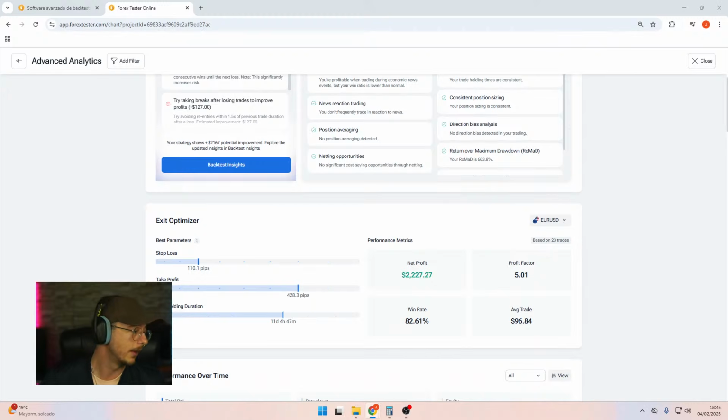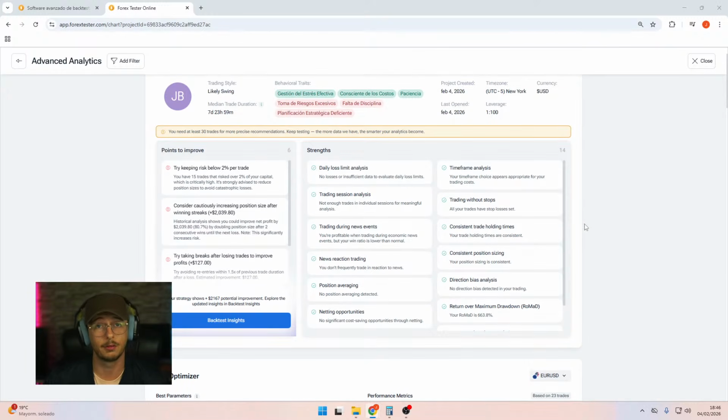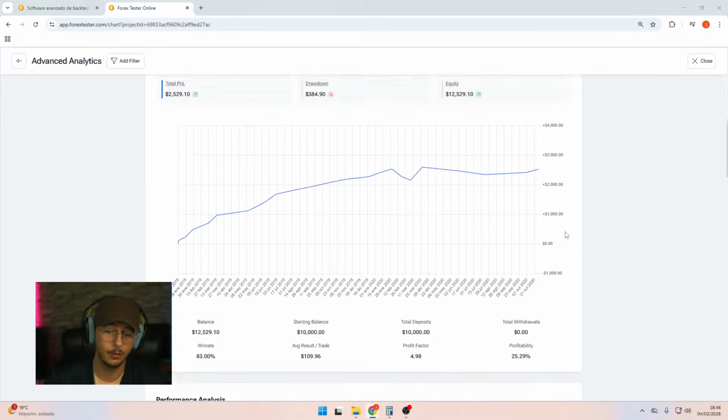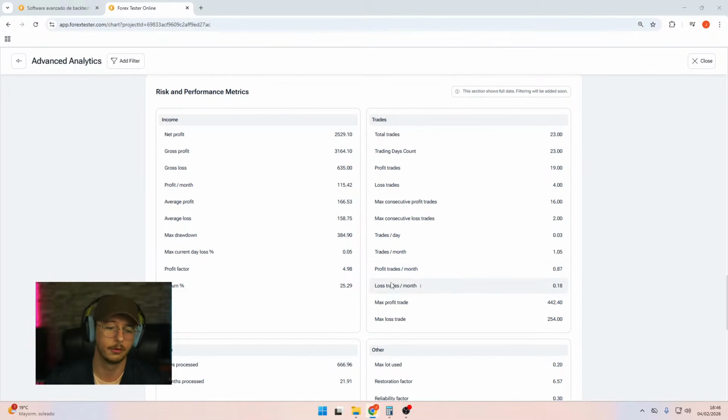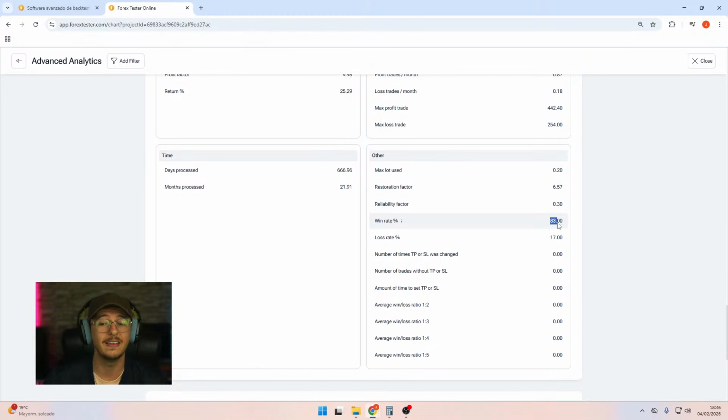And let's actually look at the performance. Before we had a profit factor of 3.5. Now we have lifted that profit factor to 4.98. Why? Because we still have an 83% win rate, but we have an average risk reward of 1-to-1.